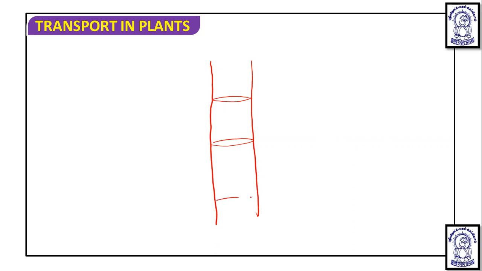So how does this pressure flow hypothesis occur? We can discuss it like this. Suppose this is the phloem, and in the phloem, this is the sieve tube.